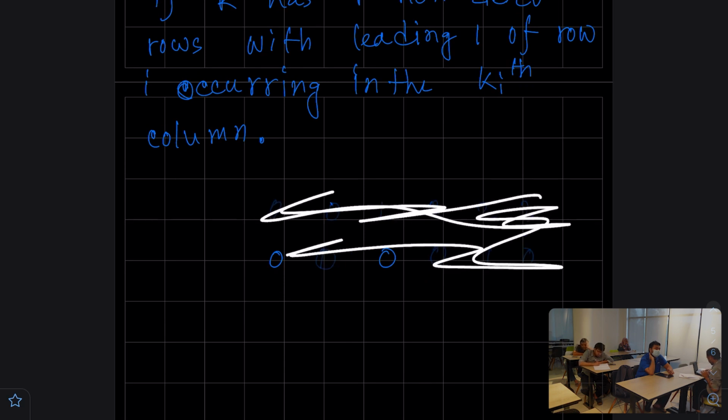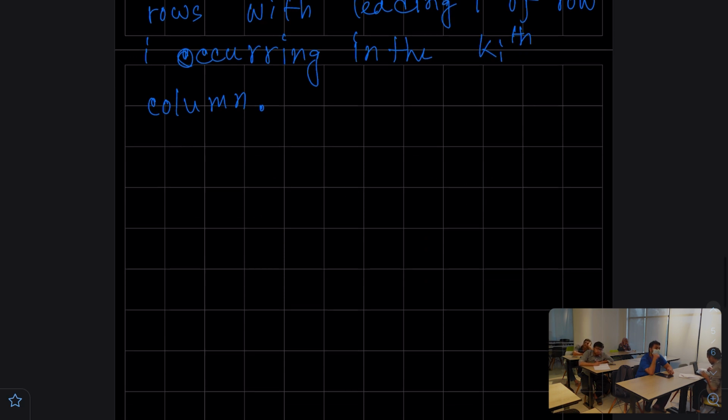So then let's just consider Rx equals to z, the first r equations.